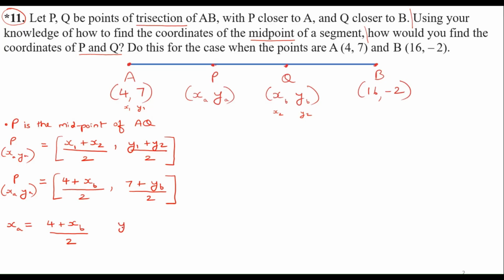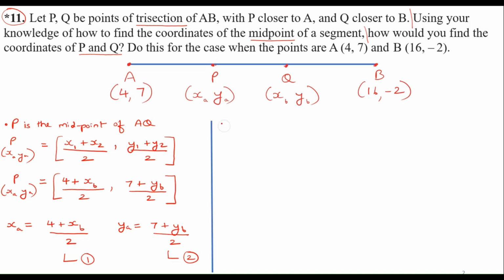Then ya is equal to 7 plus yb divided by 2. So we will take this as equation 1 and this as equation 2.